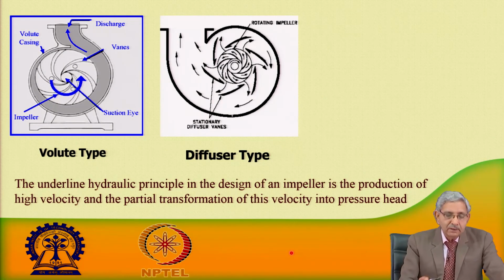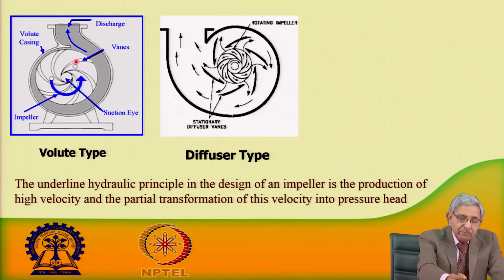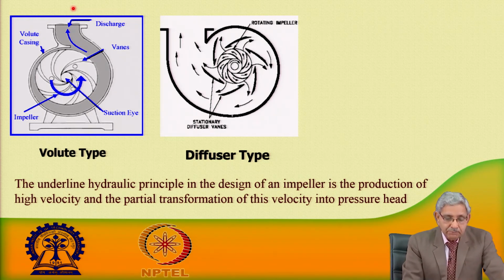You can see here this is a volute type of centrifugal pump. So, this is the impeller, this is the impeller vane, and this is the eye of the suction. When it revolves, this revolution is given by the motor, and it brings the liquid to the side and by using centrifugal force the water comes out of the pump.